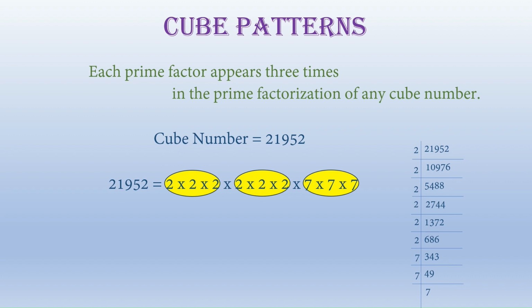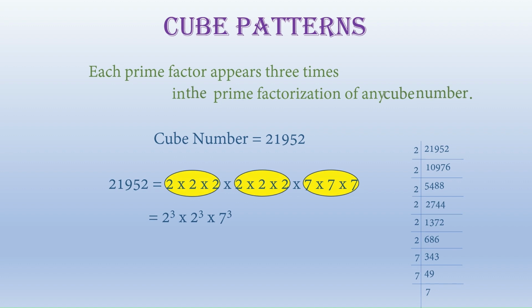If we observe here, every prime number may repeat, but any prime number will appear 3 times. This can also be written as 2 cube into 2 cube into 7 cube. Cube means that particular number has to be multiplied by itself 3 times. So every prime factor appeared 3 times.